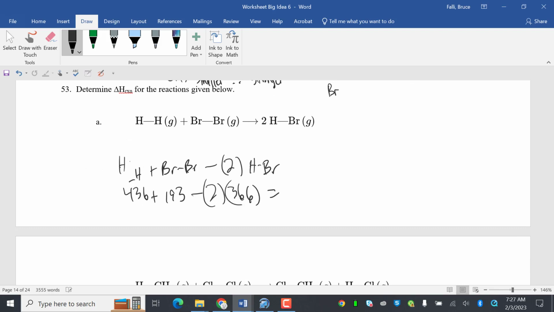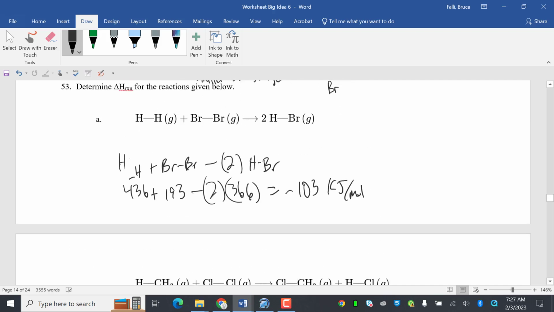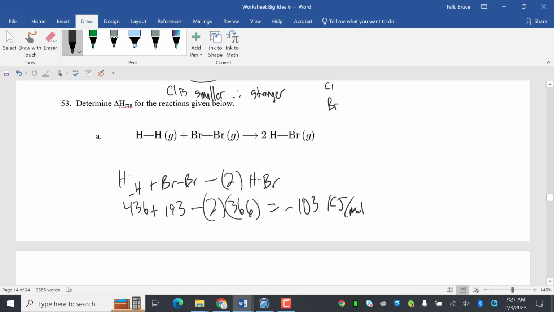So calculate: 436 plus 193 minus quantity 2 times 366, close quantity, enter, negative 103 kilojoules per mole. I guess it's not kilojoules per mole, it's kilojoules per balanced equation.